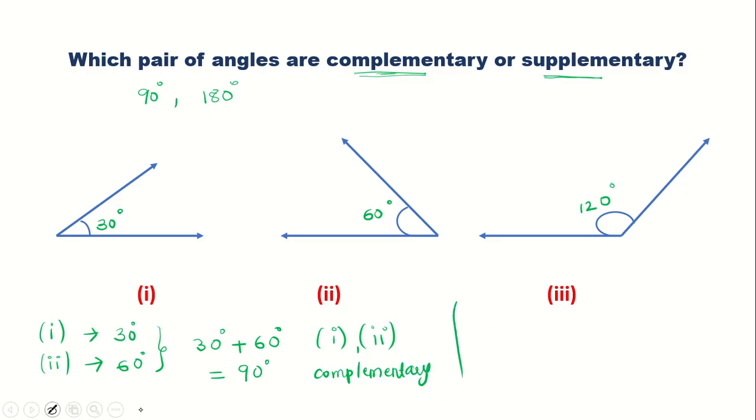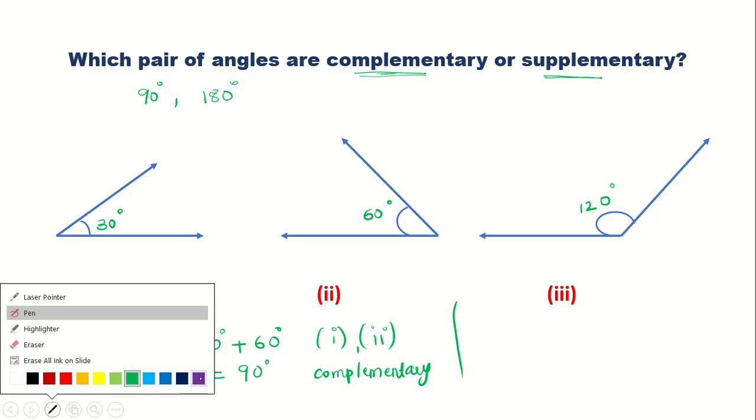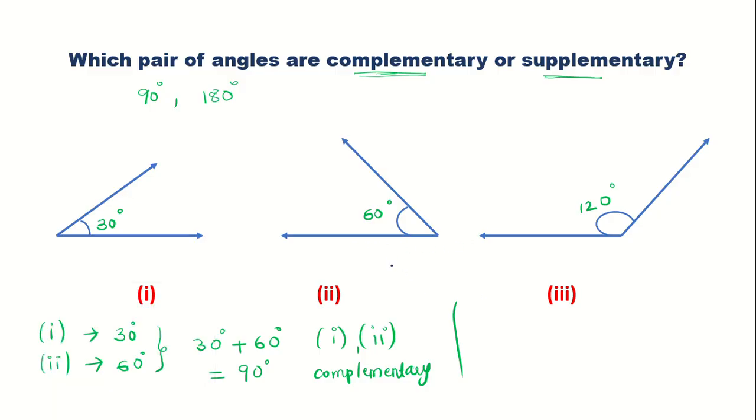Now let's see the other pairs. Let's try second and third. The angle given for the second is 60 degrees. For the third one, it is 120 degrees. So the sum of 60 degrees plus 120 degrees, how much will we get? 180 degrees, right?